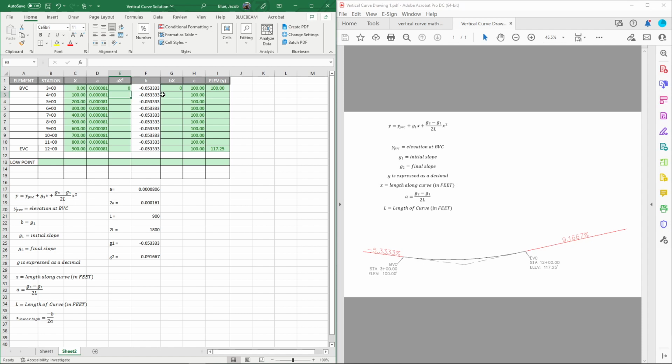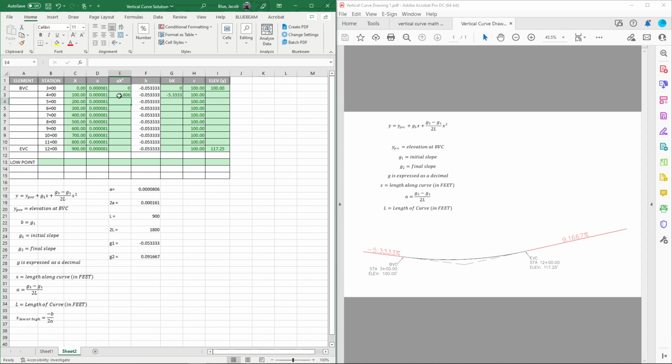So let me go through and start filling in these columns. So bx, that cell is going to be equal to b times my x. So there's my bx. And this ax squared column is going to be equal to my a value times x, and then I'm just going to say times x again. That's the easy way to do it in Excel.